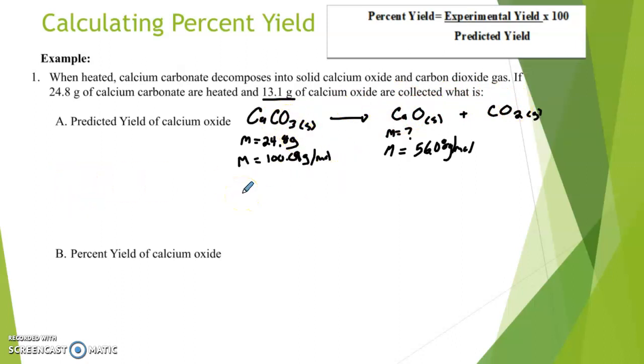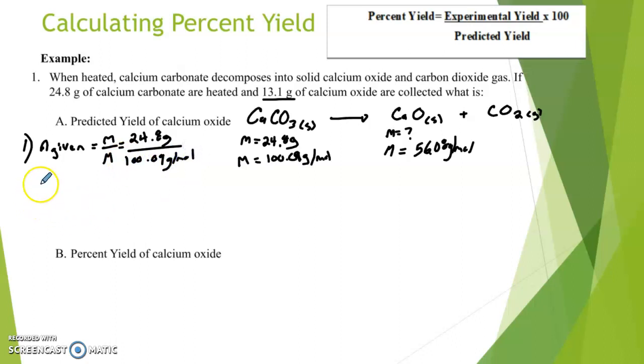So we are just going to go through this and do a basic stoichiometry. First step, we're going to do a step-by-step method here. Step number one, find the moles of the given. Mass over molar mass. We've got 24.8 grams divided by 100.09 grams per mole.